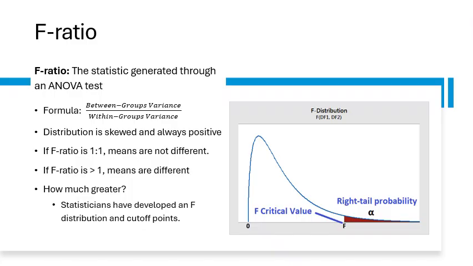And this is just a general image of what this distribution looks like. We have a cutoff point that we'll be looking up. We always are going to have a right-tailed test because we're testing the hypothesis that variance is different between the groups or it isn't. And so we're looking at a ratio, and it's always got to be greater than 1. So we'll get the cutoff point.